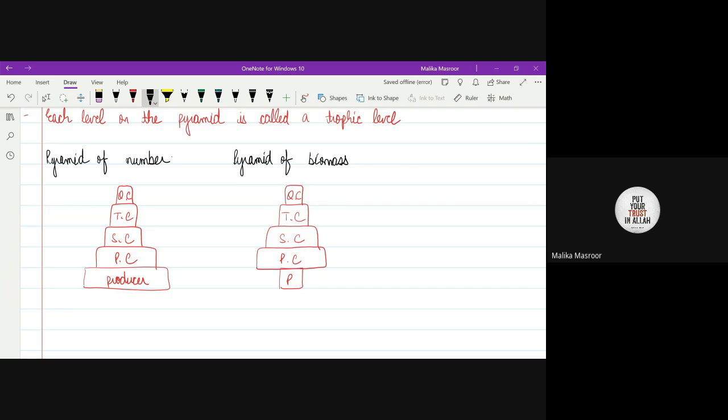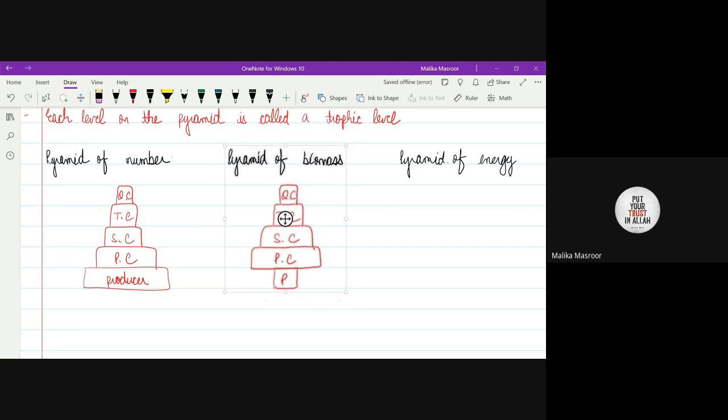Then you have the pyramid of energy. Obviously, a producer will have the maximum energy, right? Because they are at the bottom of the food chain.